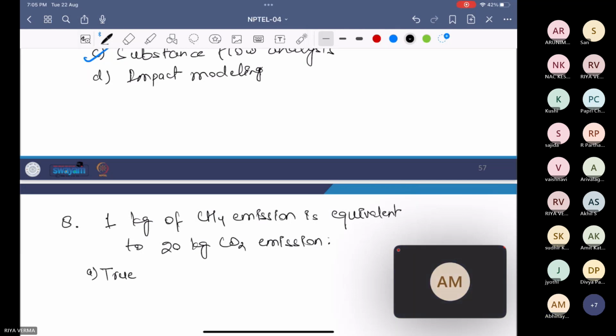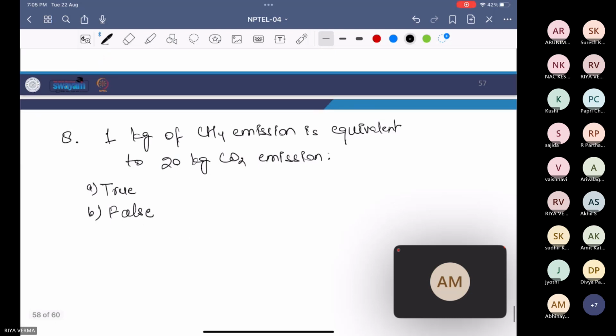A is true and B is false. False. Then, if anyone may tell me what exact amount, it will be 25 kg. Okay, right. So it should be false.